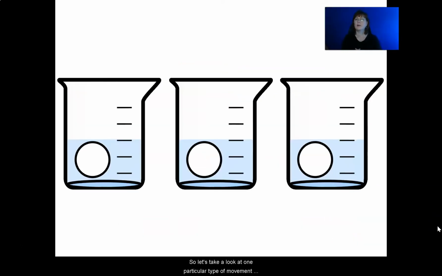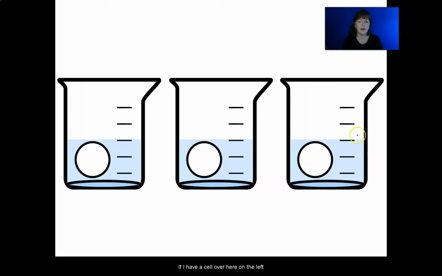So let's take a look at one particular type of movement that we mentioned, which is osmosis. Now, the tonicity of the solution surrounding a cell drives osmosis or water movement in a particular direction. So let's look at these 3 beakers that we have here, and we have 3 cells inside those beakers.